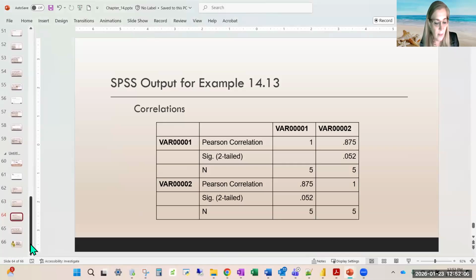All right, the last slides just show what an output for correlation would look like, and I believe the other one is for regression. So if I am comparing variables 1 and 2 with each other, you'll see the Pearson's correlation outcomes for them. Remember, a perfect score is 1 and no relationship is 0.